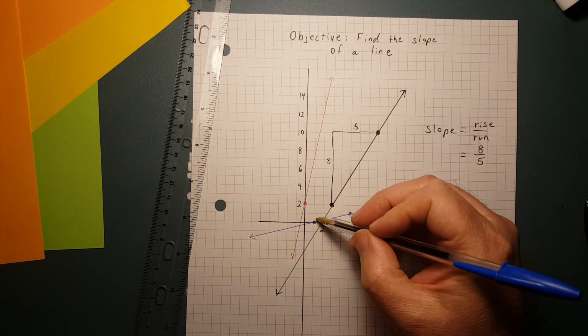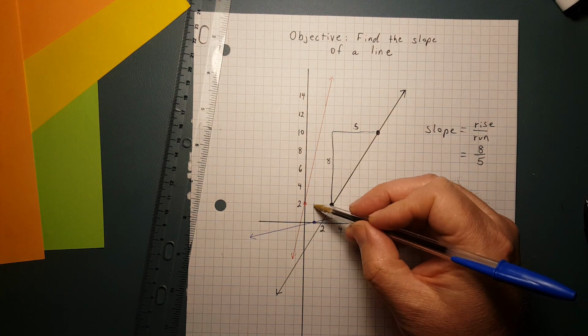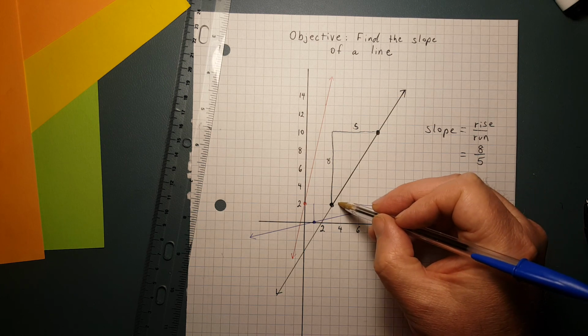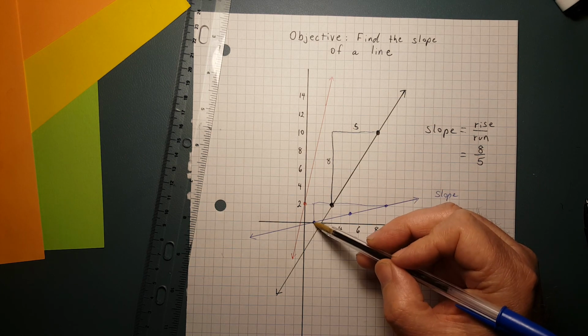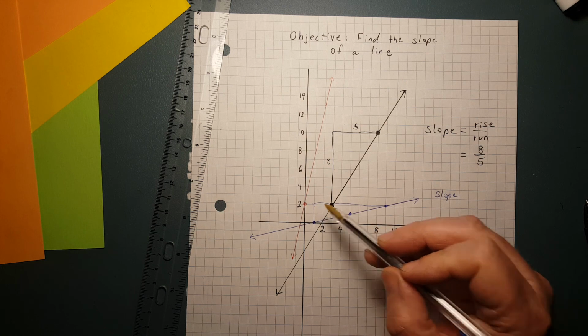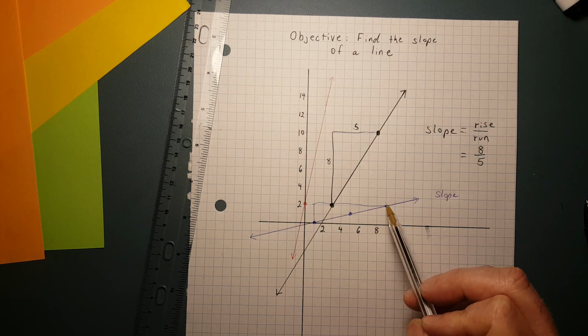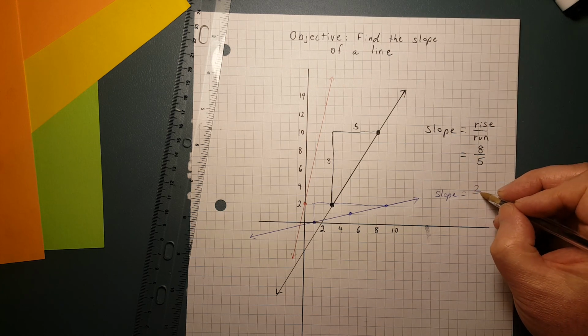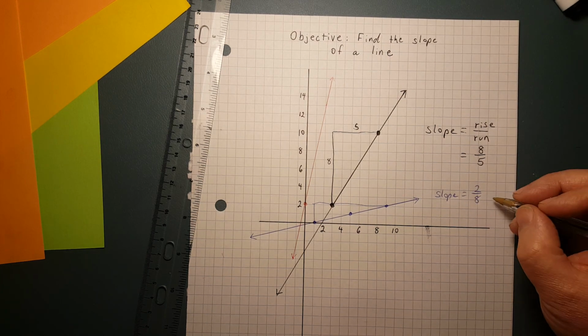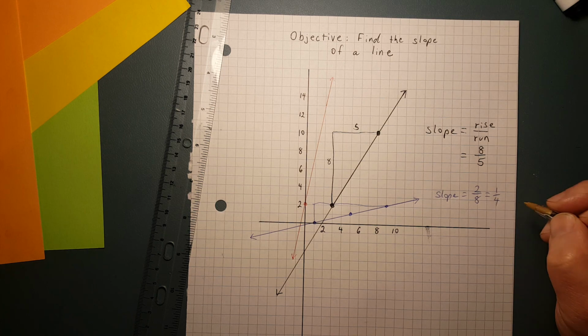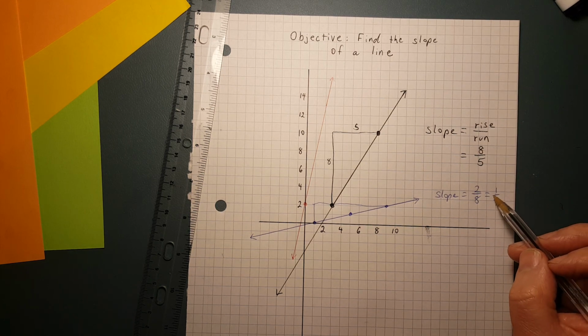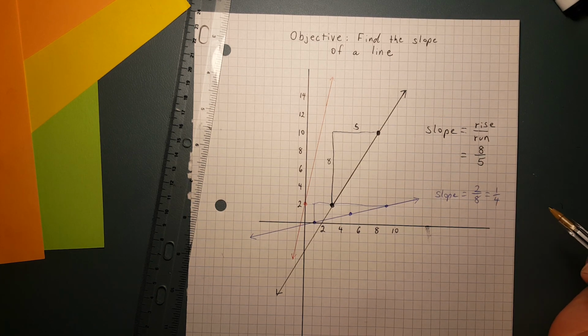Let's use this point and this point first. Our rise is 1, 2, and the run is 1, 2, 3, 4, 5, 6, 7, 8. So the slope is 2/8. We will reduce that and it's 1/4. So 1/4 is a lot smaller than 8/5.